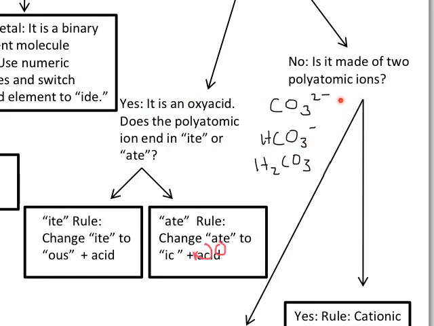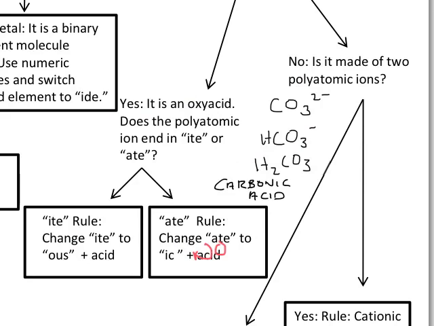These two are listed on your polyatomic ion list, carbonate and hydrogen carbonate or bicarbonate, either or. And then this is the acid. Carbonate, so I'm converting the ate ending to ic. This is carbonic acid. Okay.